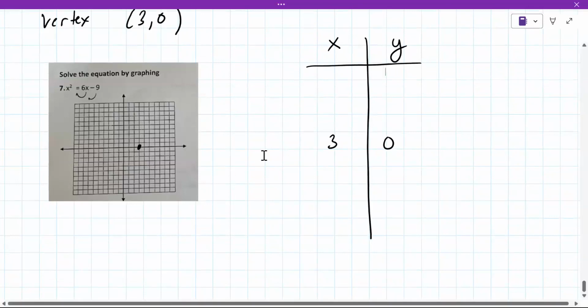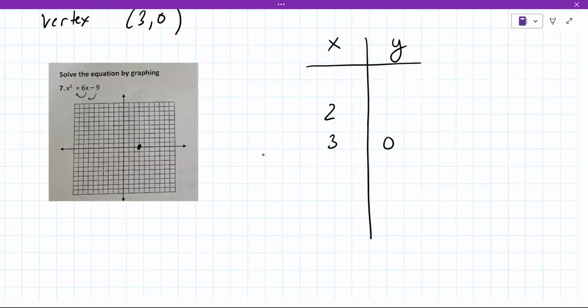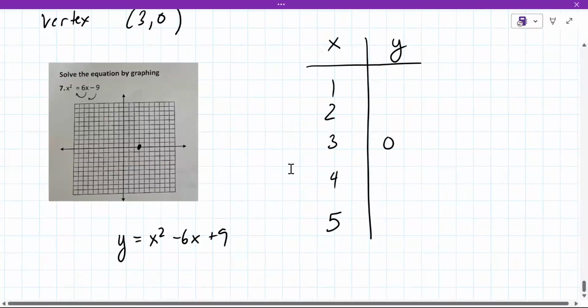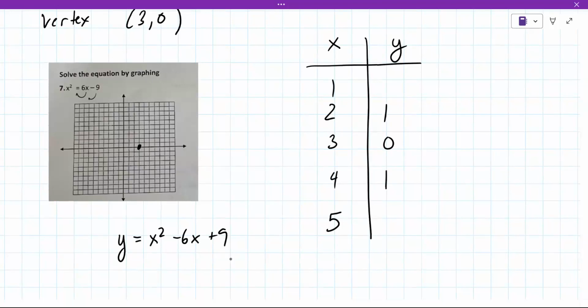vertex. All right. And you choose 2 smaller values and 2 larger values. You typically want 5 points, like you were mentioning. You go right 2 points, left 2 points to get it. Now, because of symmetry, you don't have to actually do all of these. You just have to do some. So like you said, this ends up being 1 and 1.